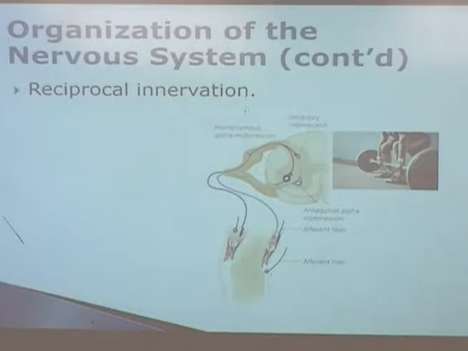Okay. Reciprocal innervation just means I've got to turn off the muscle on the other side of the joint. If I'm going to contract one, I have to turn the other side off. Unless it's postural, I don't want both sides of the joint contracting at the same time.